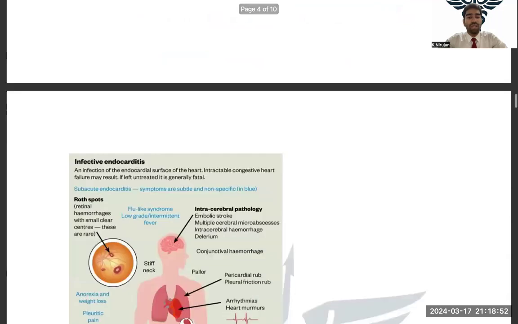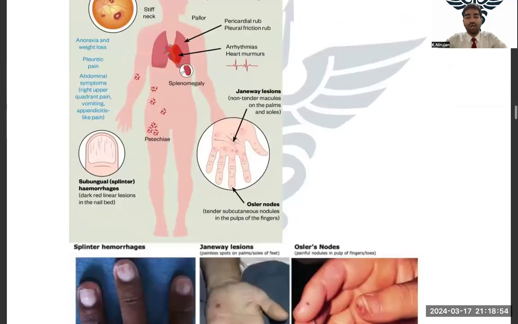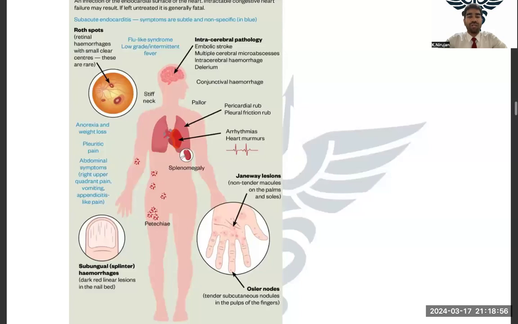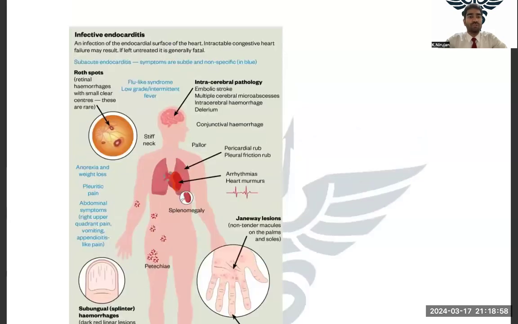There are also immune mechanisms where you can get glomerulonephritis or hematuria. Then the intracerebral pathology: if you get a septic emboli, you can get an embolic stroke. When the septic emboli with an organism damages the blood vessel, there will be mycotic aneurysm formation, and if it ruptures, you can get intracerebral hemorrhage or SAH. These are all asked in the MCQs in the past.